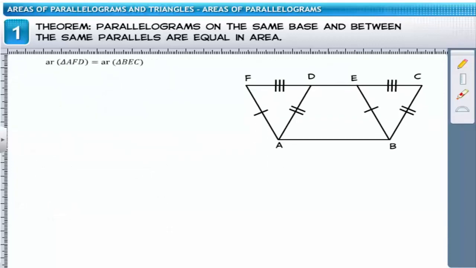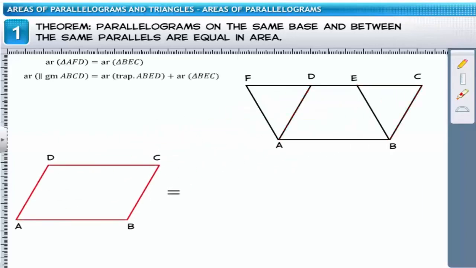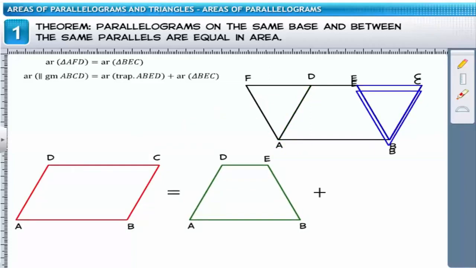As the triangles are congruent, their areas are also equal. Now let's take a look at the complete figure. The area of the parallelogram ABCD is equal to the area of trapezium ABED plus the area of the triangle BEC.